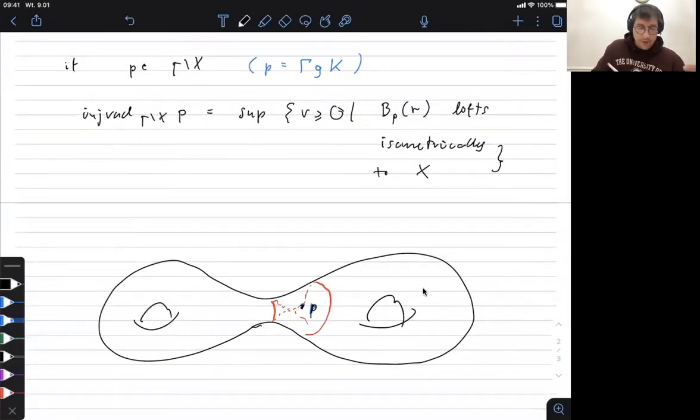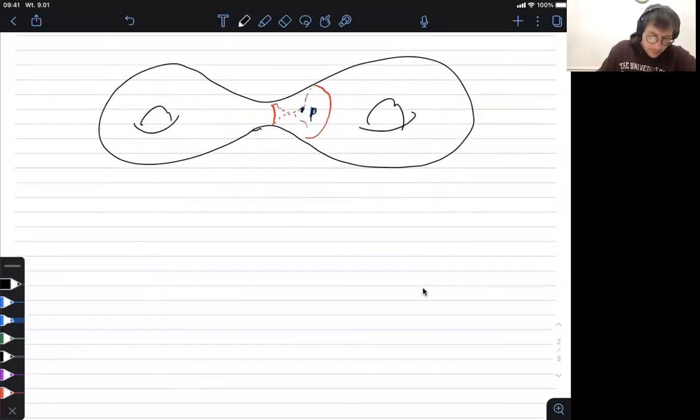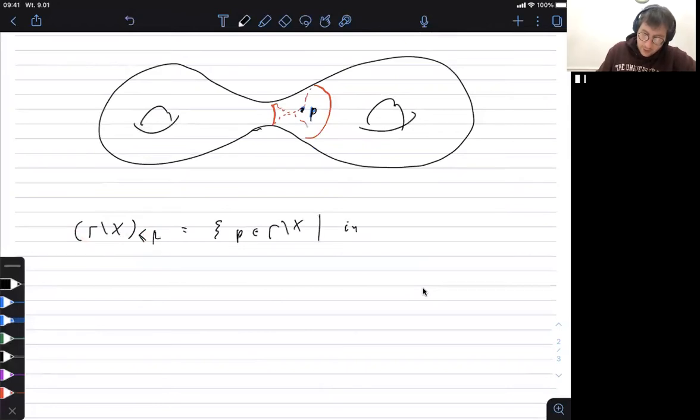Now, after we define the injectivity radius, I can define for you the thin and the thick part of the symmetric space. A thin part will be denoted as the space with index less than r. This is the set of points p in gamma mod X such that the injectivity radius at p is less than r.